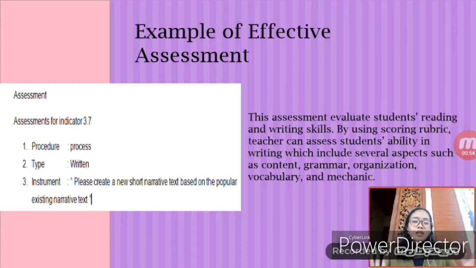From this assessment, students can see the feedback rather than just a weakness judgment from the teacher, like in multiple choice assessment. Besides, the teacher also can see students' progress or ability within the course by using this kind of assessment.